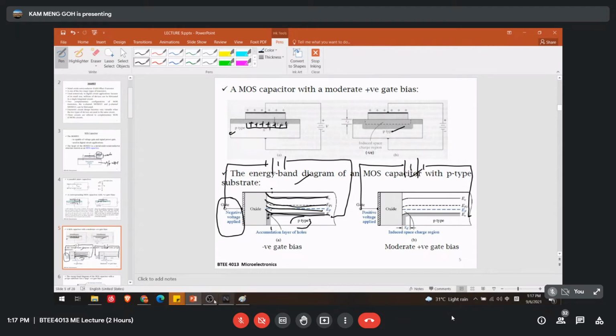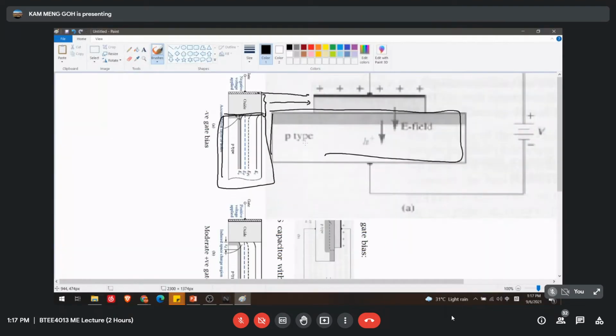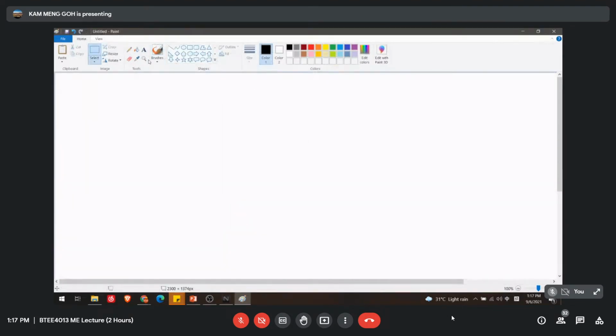So basically, let me redraw this. I remove all this. This one is connected to the negative. This one is the metal.